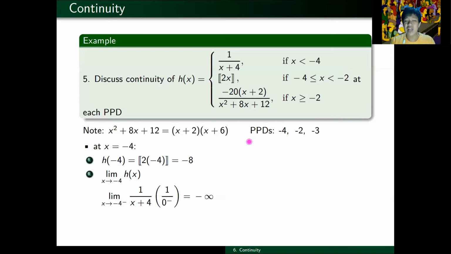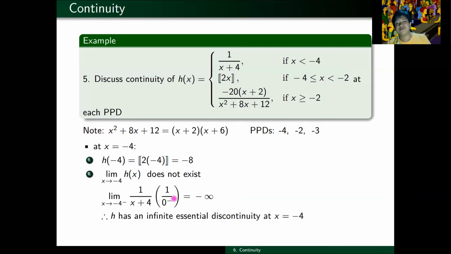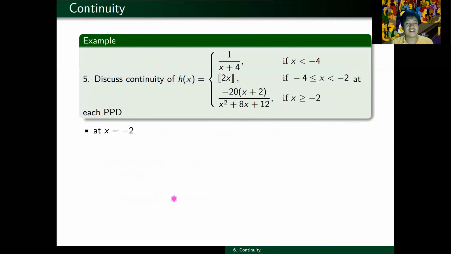So, anong gagawin natin? Wala na. Does not exist na agad kasi one-sided limit is infinity, therefore, alam mo na agad anong klase yan. Infinite essential discontinuity. Okay? Hindi mo na kailangan i-check yung limit from the right. Good. We're done here.